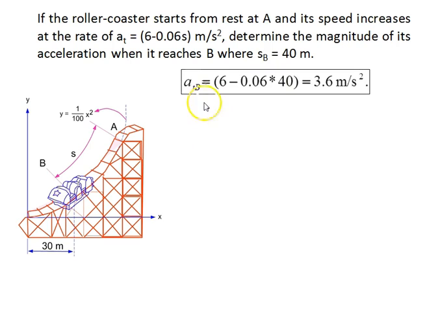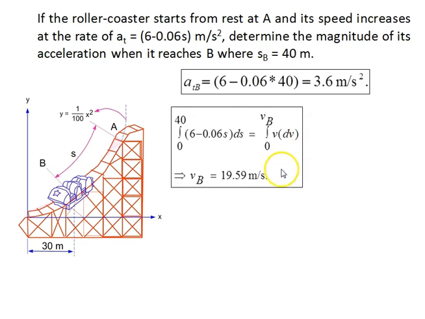I'm showing each step in a box so that we know the sequence of computations that we need to do. By the time it reaches B, its acceleration a_tB is 6 minus 0.06 s, where s is equal to 40 meters. So if you substitute this, you have 3.6. And then we use the relation integral a_t ds equals integral v dv to obtain v_B to be 19.59.